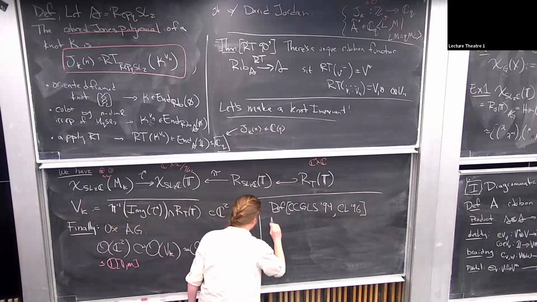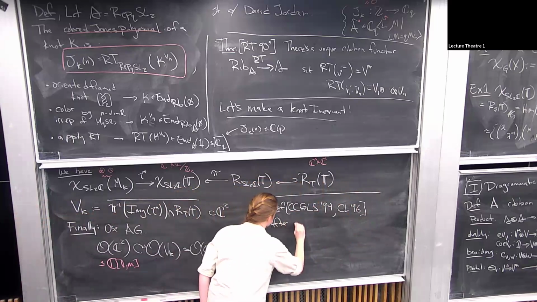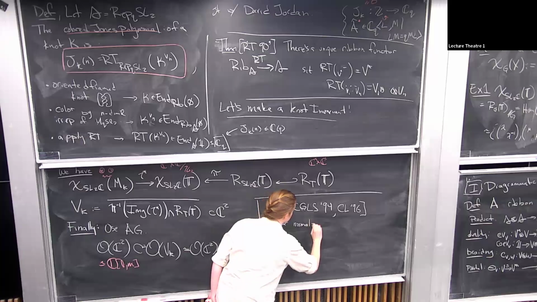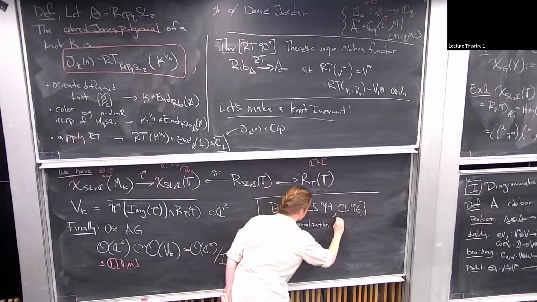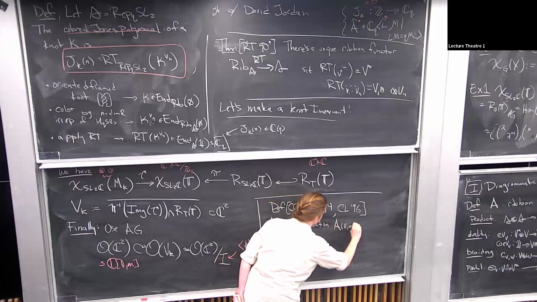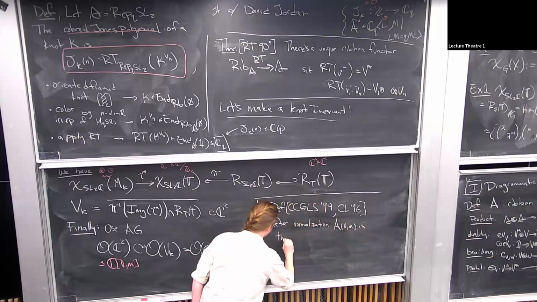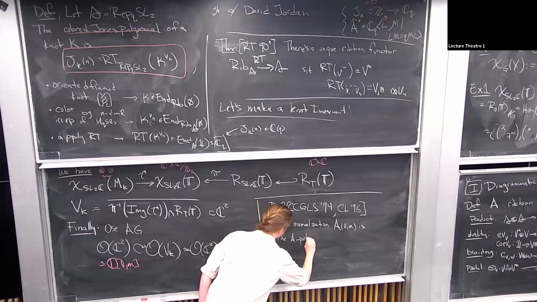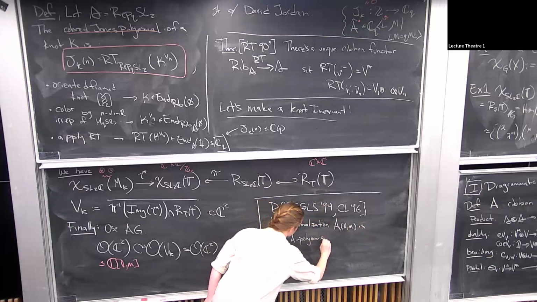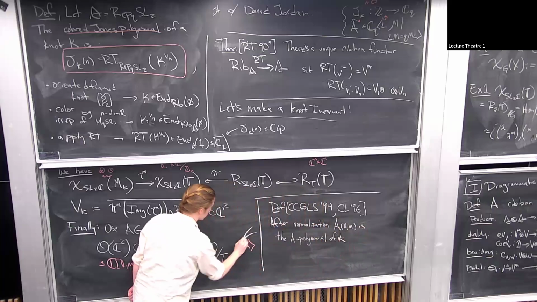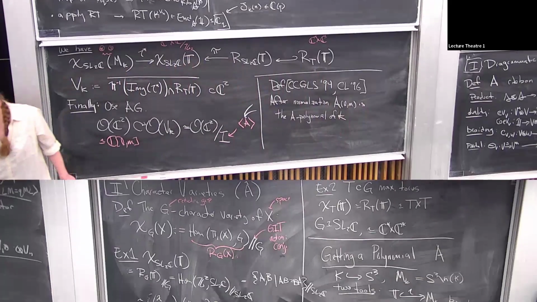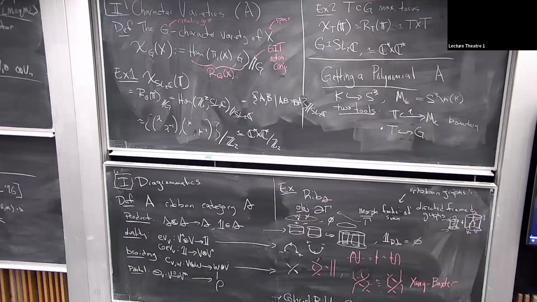So this is after normalization. The A polynomial A(L, M). It's exactly this generator here. Any questions?